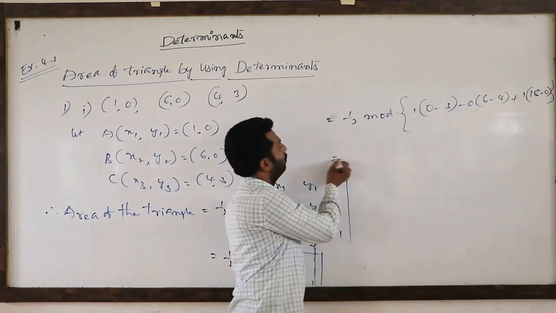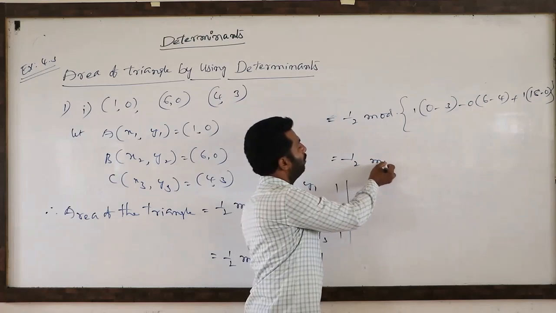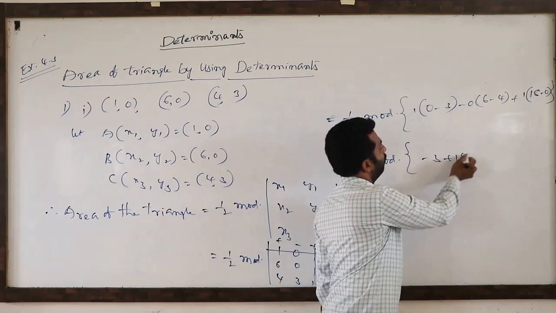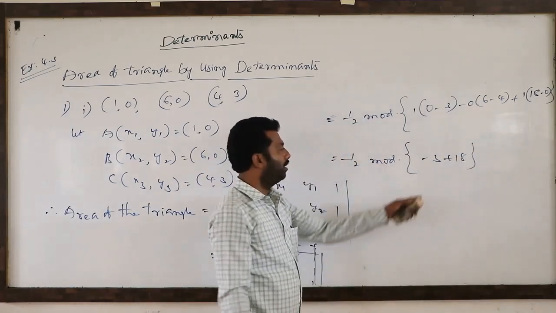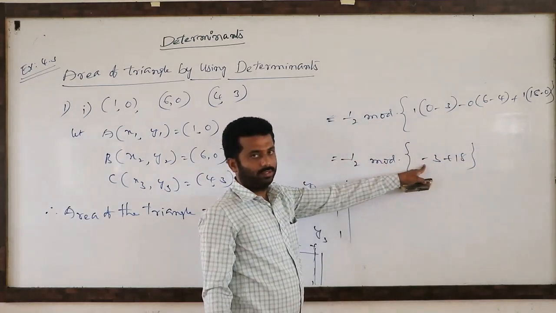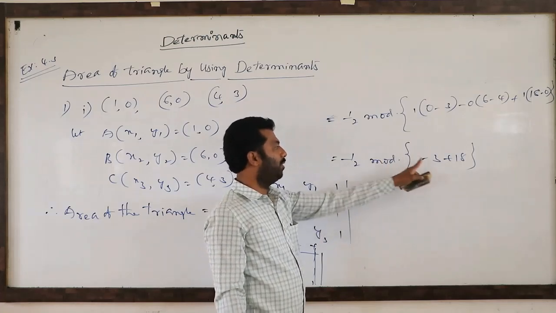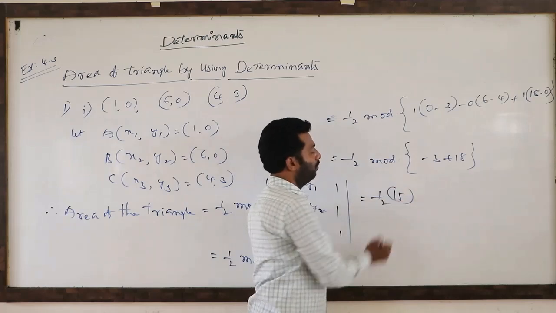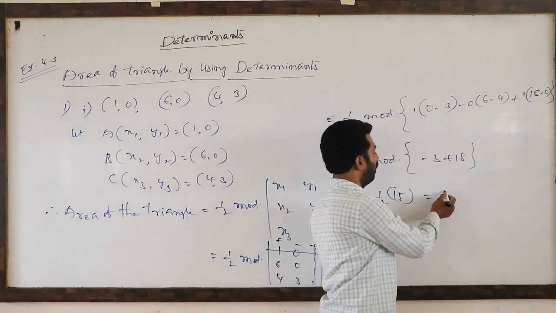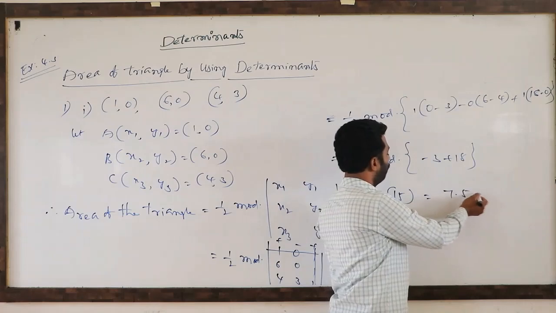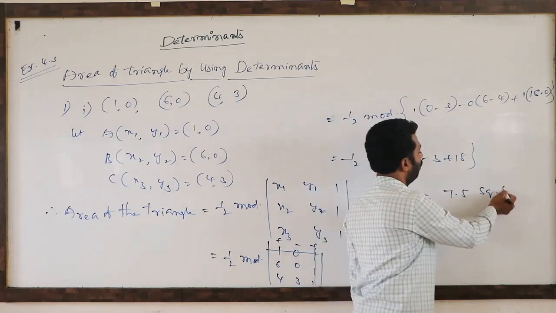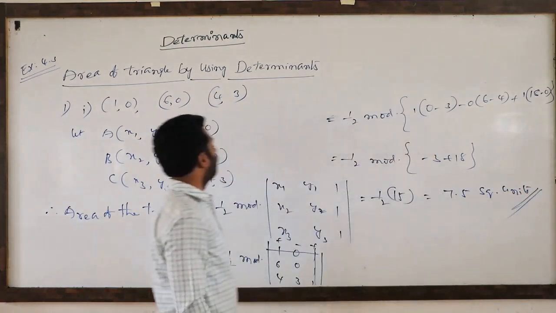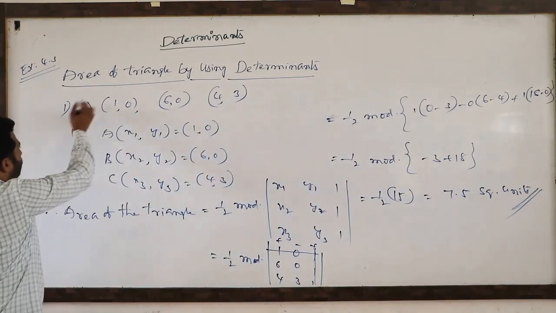Now you observe, this is 1 by 2 into modulus of minus 3 plus 18, that is 15. Anyhow it is positive, and the modulus of a positive number is positive only. So 1 by 2 into 15 square units, you can write 7.5 square units. This is the area of the triangle formed by these vertices.